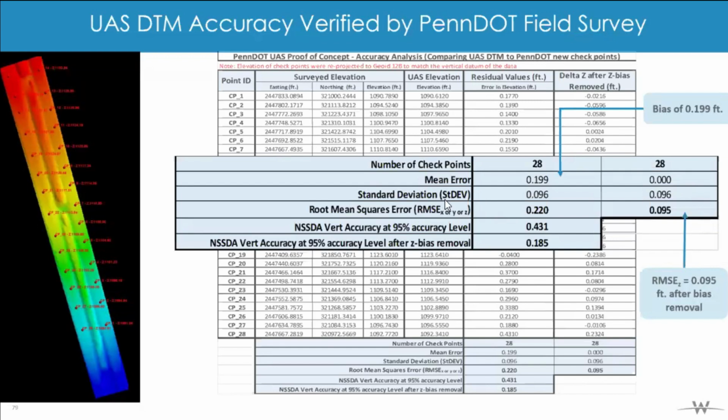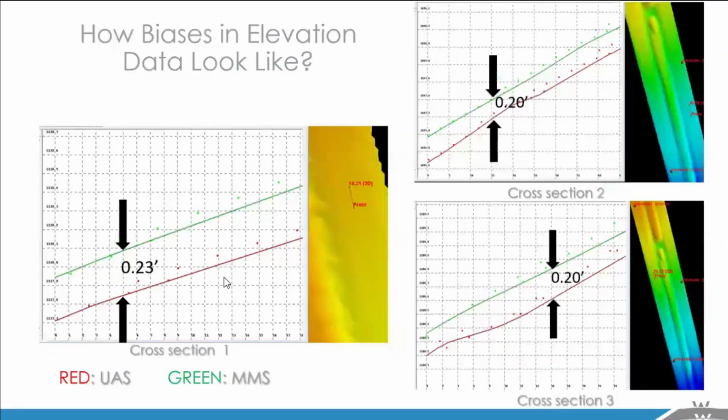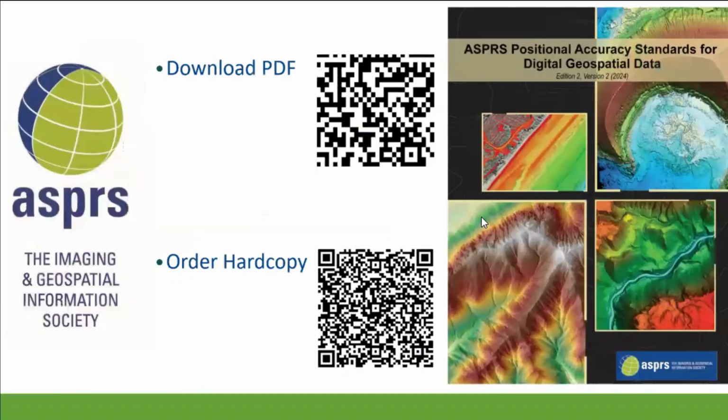That's what you need your staff or yourself to be versed about, so you can do this kind of treatment without reflying the project, for example. And that's what you see here when I do profiles in different sections. The red is below the green by around 2/10, and that's what drew my attention to the bias here.